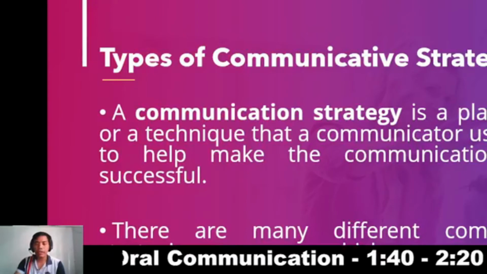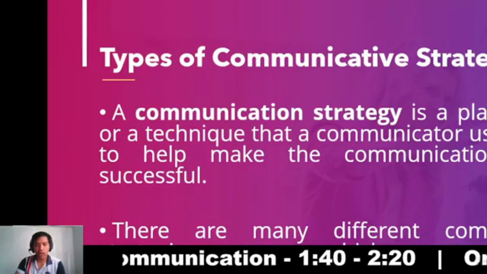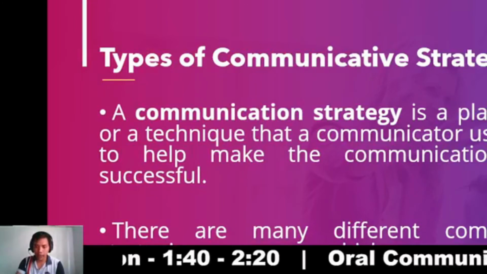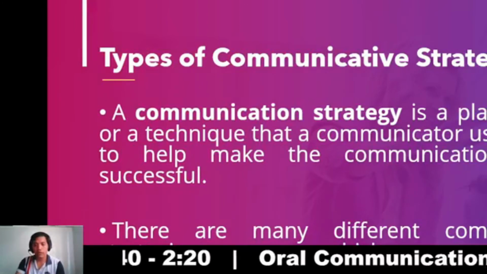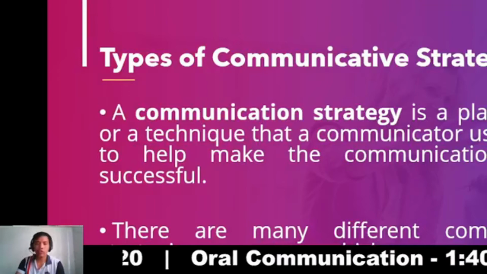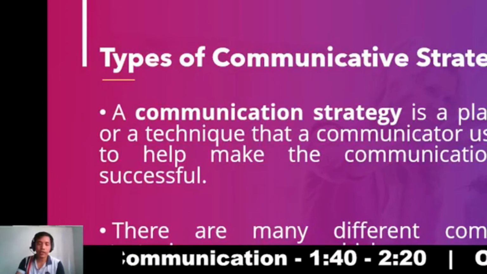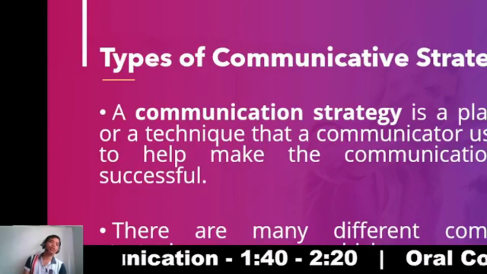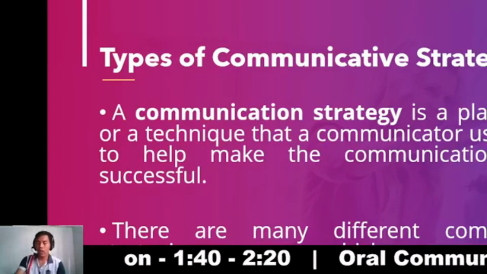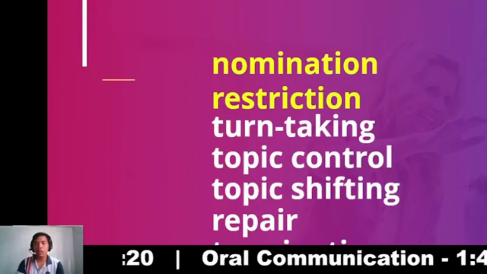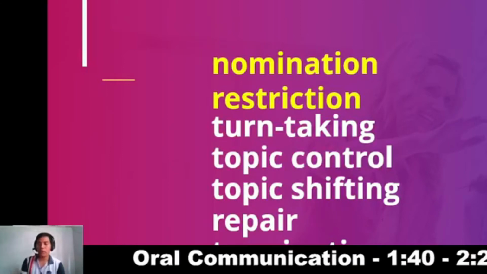There are many different communication strategies, among which are nomination, restriction, and turn taking. These three will be discussed for today. We also have topic control, topic shifting, repair, and termination. Those are the types of communicative strategy. For this time, we're going to discuss nomination and restriction.